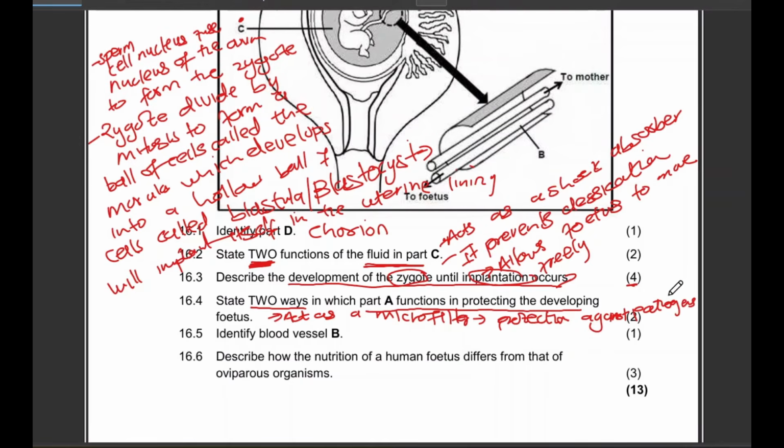It will also help in producing antibodies. It will produce antibodies. It can also maintain the endometrium. It will continue to secrete hormone progesterone to maintain the endometrium.